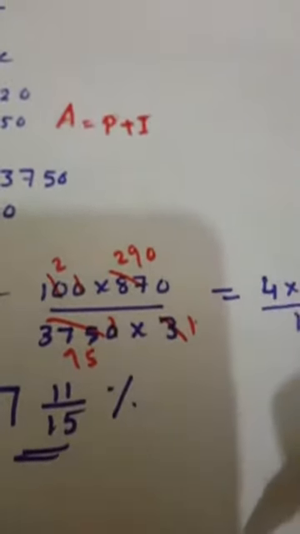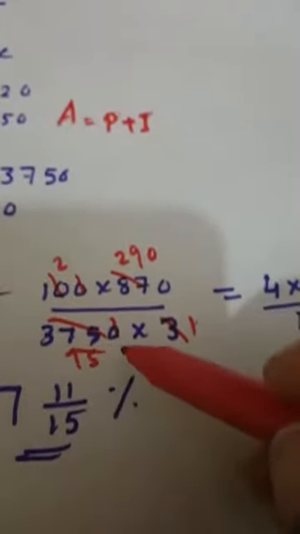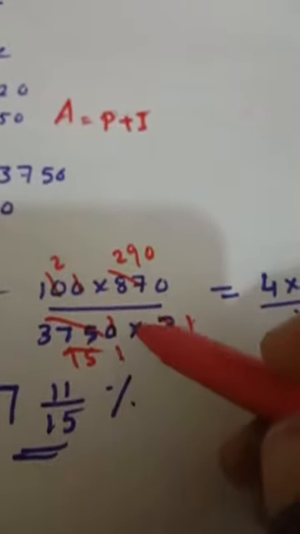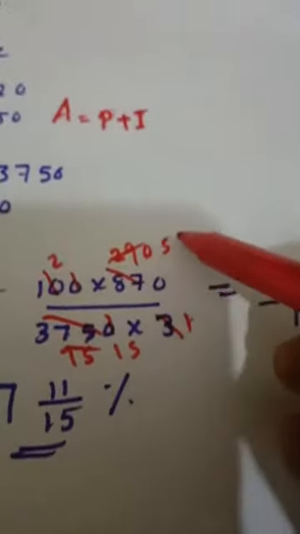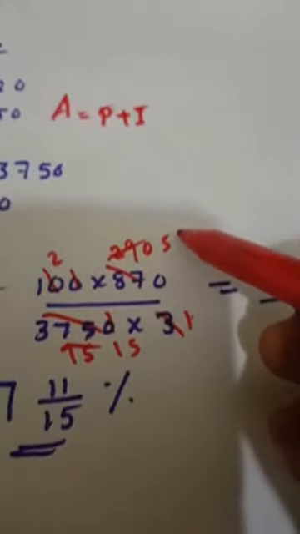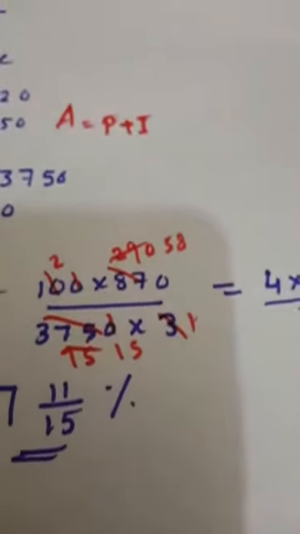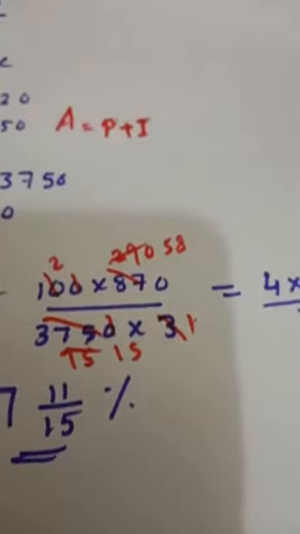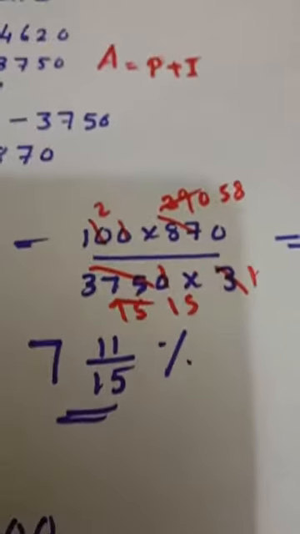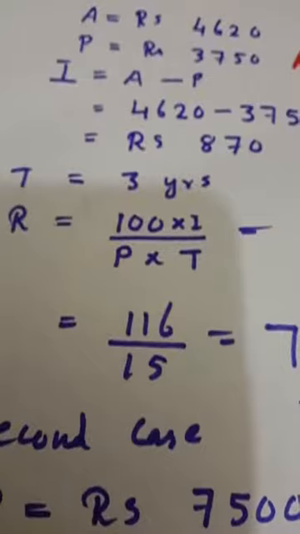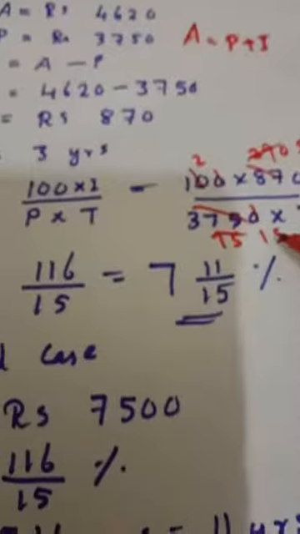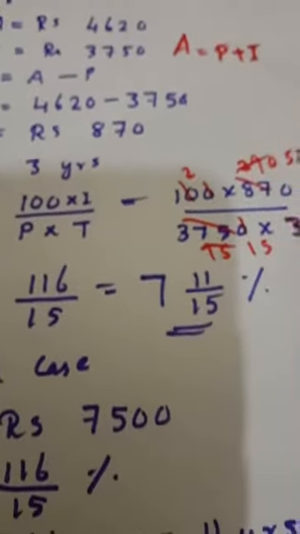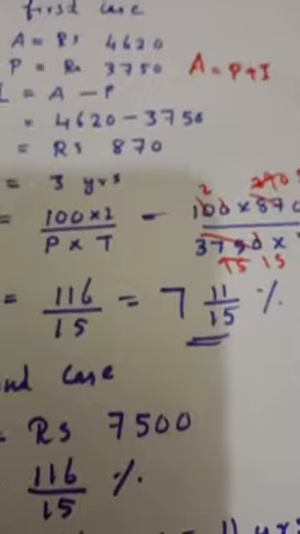Now 75 and 290, 5 5s are 25, 8 5s are 40. So 2 into 58 by 15. It is 116 by 15, equal to 7 11/15 percentage. Rate of interest is 7 11/15.